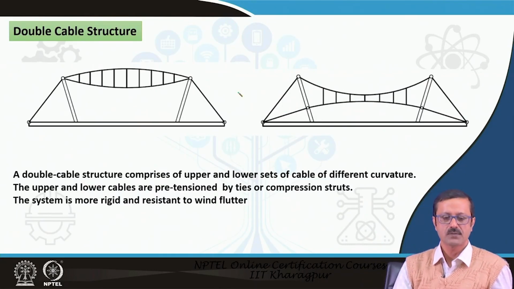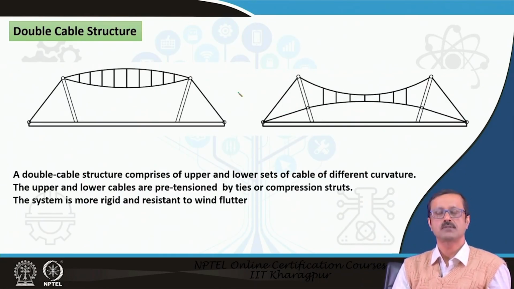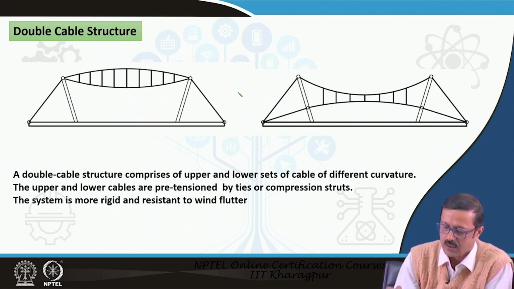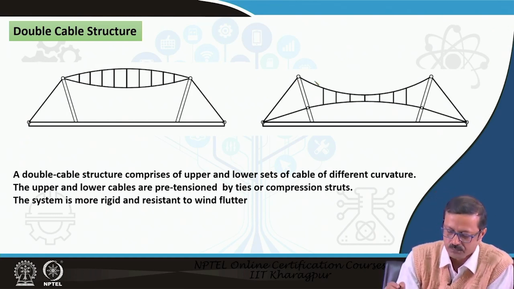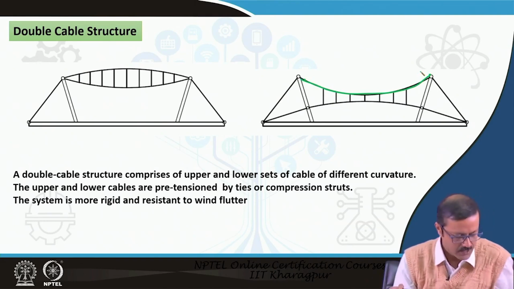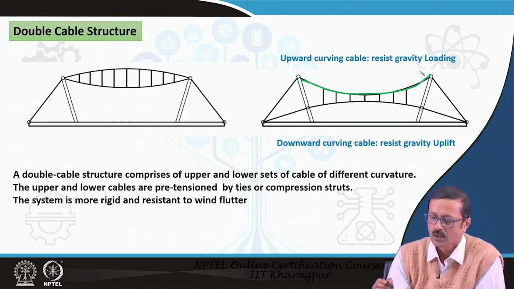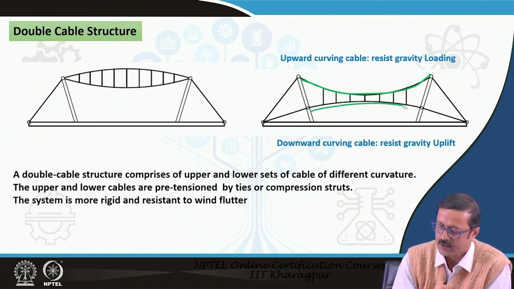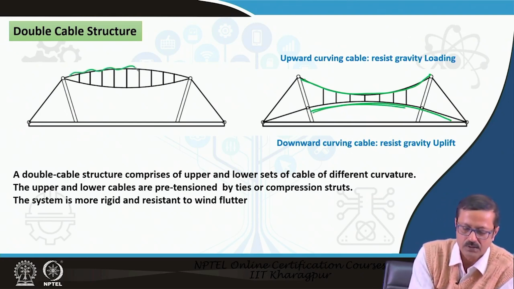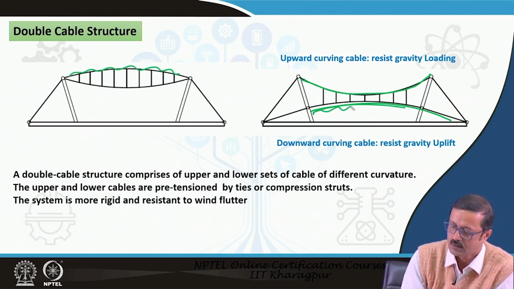So, in the case of double curvature, the benefit is this: this is the upper curvature, and the upper curvature will take care of the gravity, and the lower curvature will take care of the wind scenario.